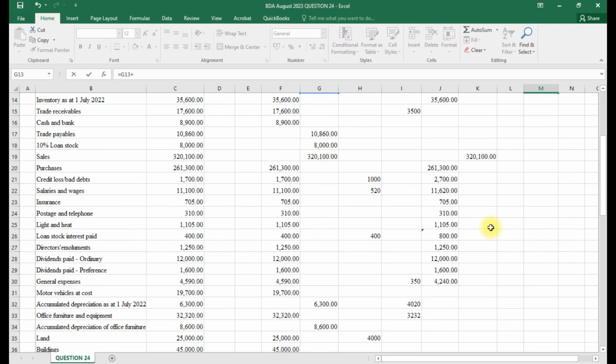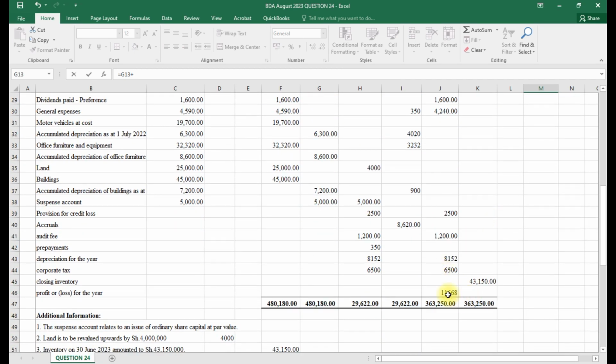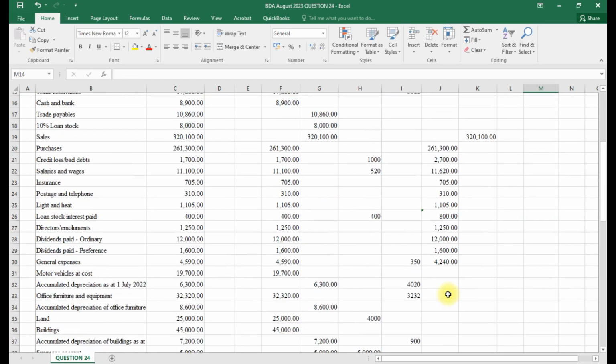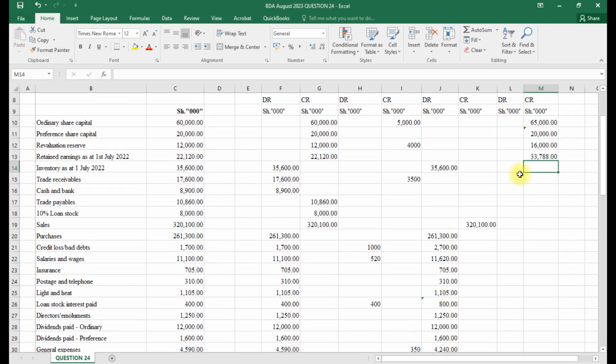Remember, for the year we have it here, retained profit for the year is this one, we add that. And then we have inventory, receivable, so receivable here will be on the debit, receivable of this, and we minus the adjustment here.